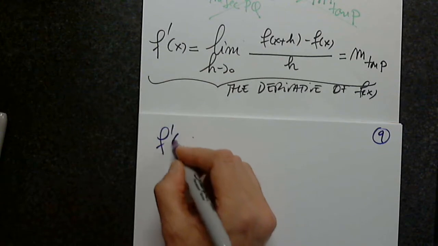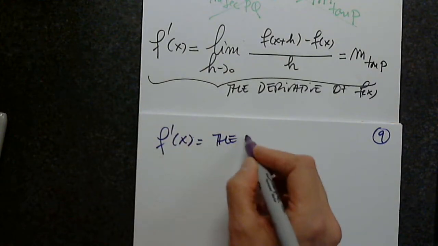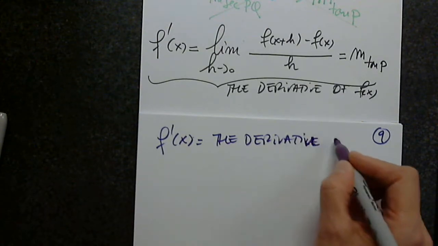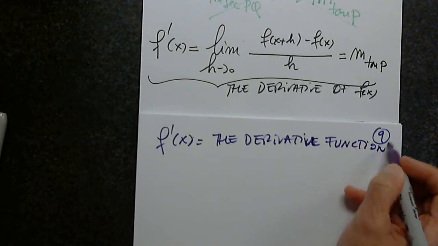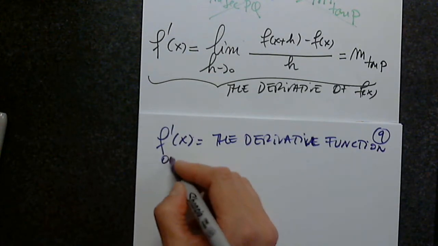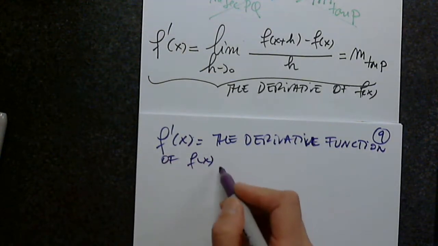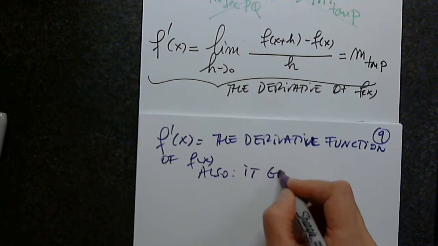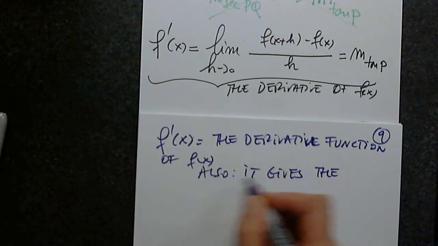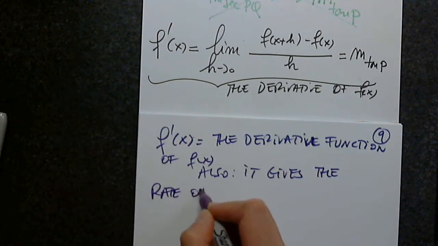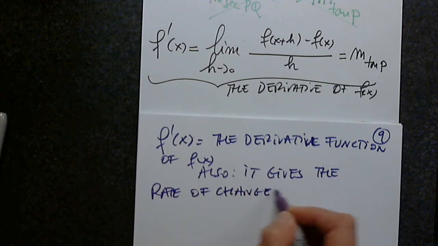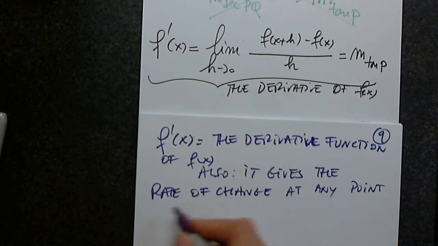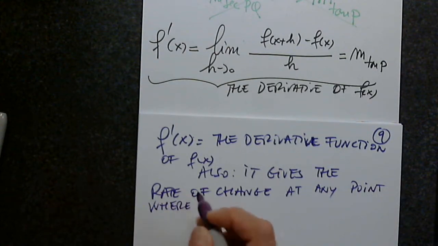So, f prime of x is the derivative function of f of x. Also, it gives the rate of change at any point where the derivative exists.